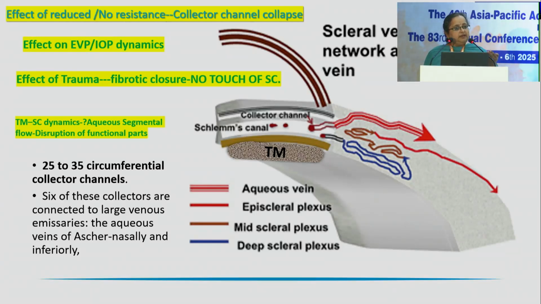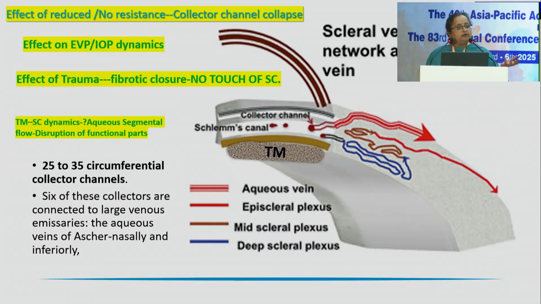So most of the IOP spikes or failures that we see after MIGS are possibly because something is regulating the resistance and directing the flow of aqueous from the collector channels towards the veins. If we take one part of the resistance out and that becomes a low resistance pathway, obviously the collector channel flow and the flow in the venous plexuses are not going to be the same.